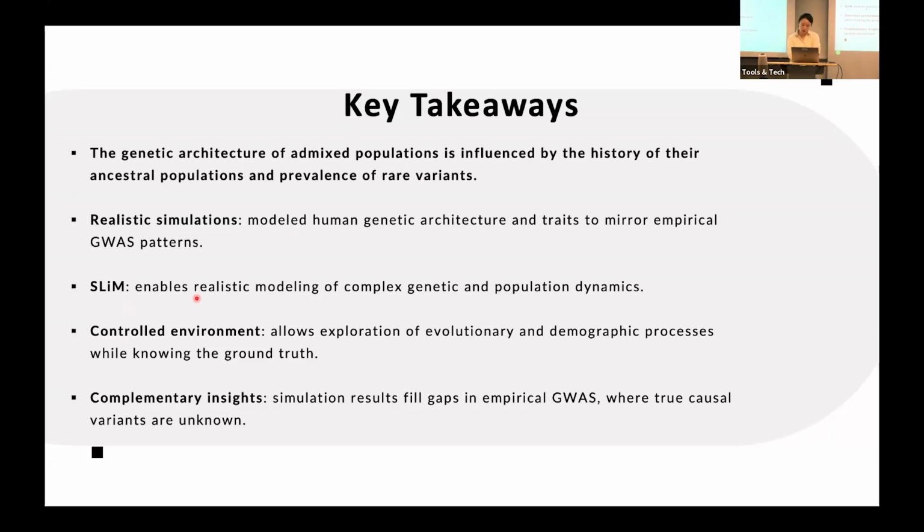Ultimately, I think simulation is needed to bridge the gap between theory and empirical data, which I believe is a key step towards developing methods that are more accurate and more inclusive for the future of precision medicine.